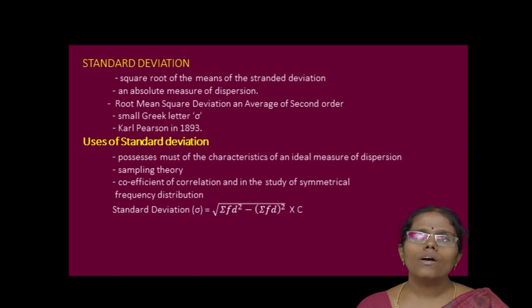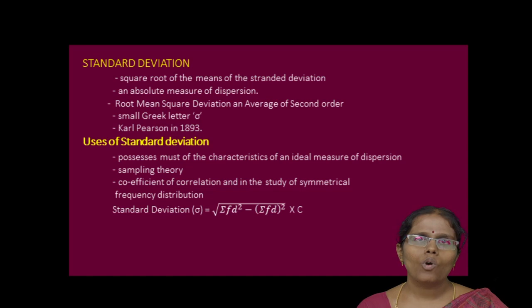It is used as the base for the coefficient of correlation and in the study of symmetrical frequency distributions. Next, the formula for continuous and discrete series: standard deviation is the square root of summation of fd square by N minus summation of fd by N, the whole square, into C. C means a common factor in the series.